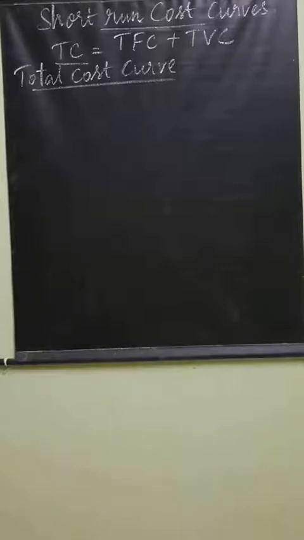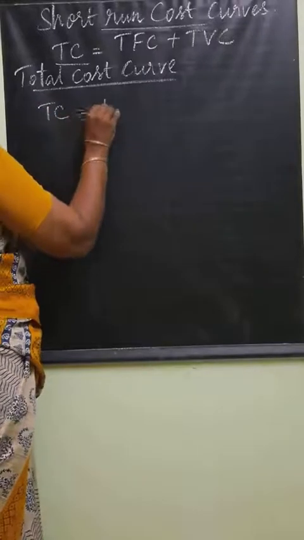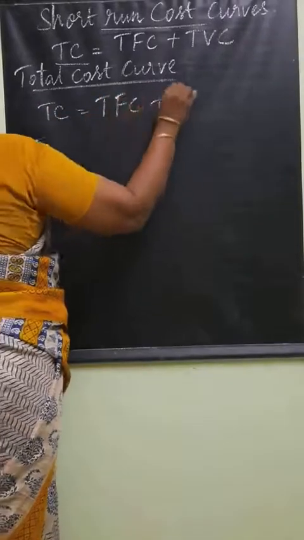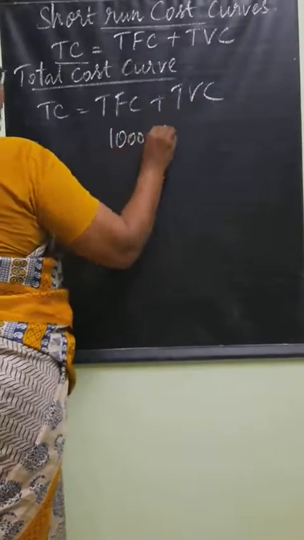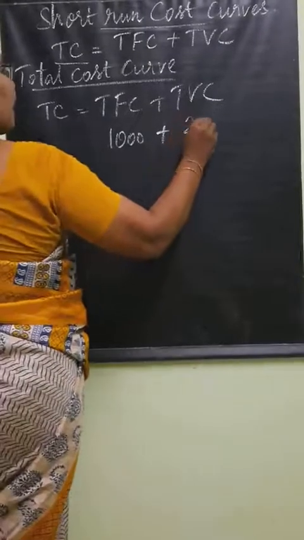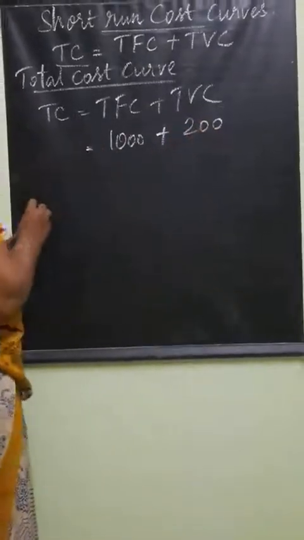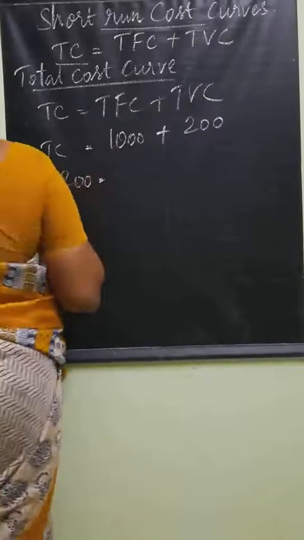So total cost is equal to TFC plus TVC. I told, if the total fixed cost is 1000, total variable cost is 200, then what is the total cost? 1200, isn't it?